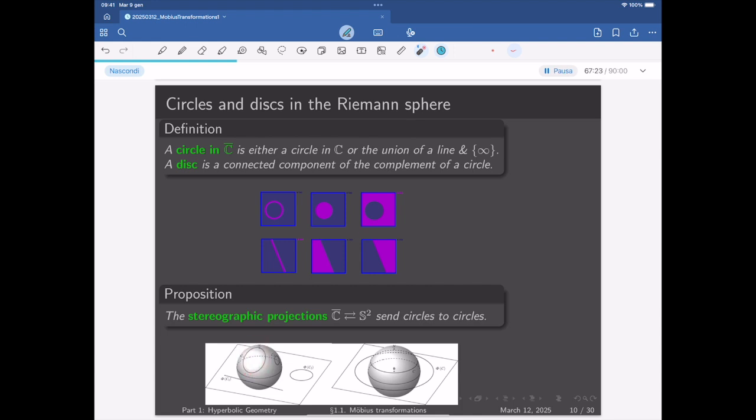So the image is just the intersection of that plane with the horizontal plane. So at least for the circles passing through the North Pole, it's rather easy to show that their images are circles in C, and it's the other ones that become a bit harder.